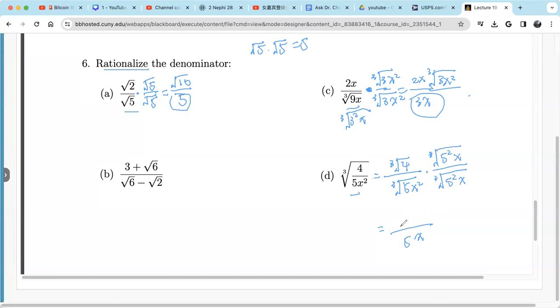The numerator will have a cubic root of 4 times 5, 20. Oh, 4 times 25, because we have 5 squared there, right? 100, then x. And that's it. Now the denominator is rationalized.